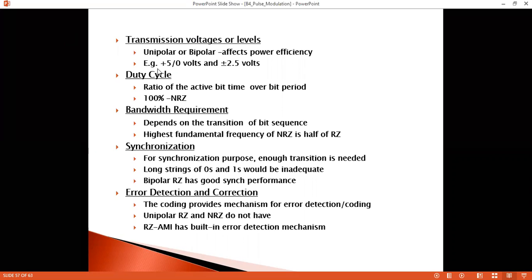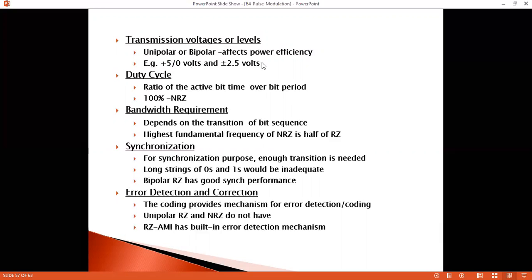For example, if we want a difference of 5 volts between 1 and 0, it can be represented using voltage 5 and 0, 0 for bit 0, 5 for bit 1. Or we can use minus 2.5 volt for bit 0 and plus 2.5 volt for bit 1.